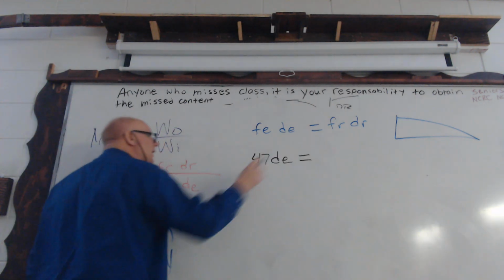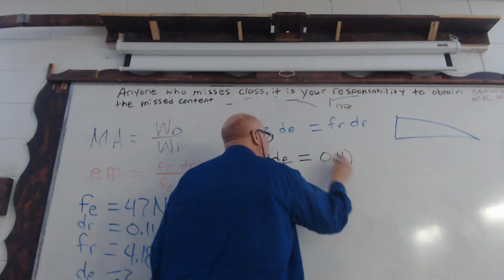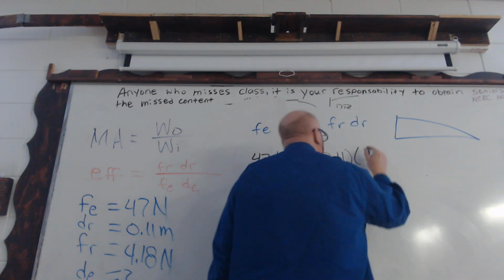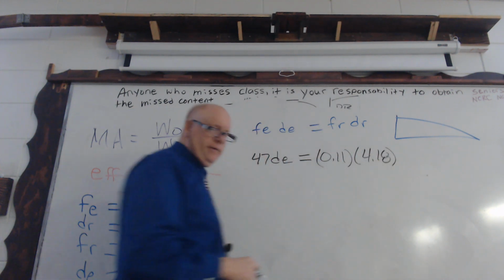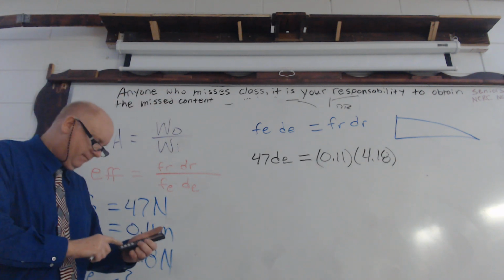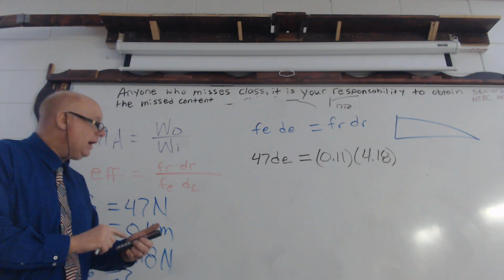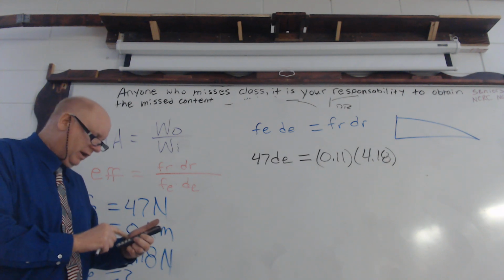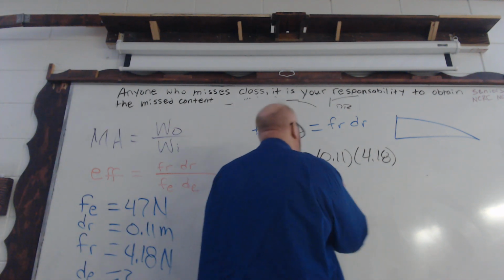What's on the right-hand side? 0.11 and 4.18. Now we just do what the formula tells us to do: 0.11 times 4.18 gives you 0.46.